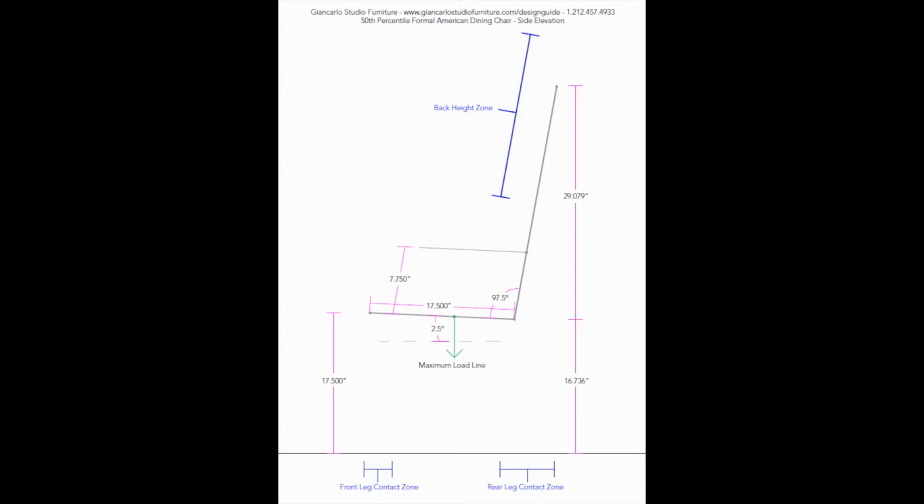The placement, length, and angle of the gray line that defines the seat is critical and standard through all dining chairs. The length of the gray line that defines the seat is 17.5 inches long and at a 2.5 degree angle with relation to the black origin line.